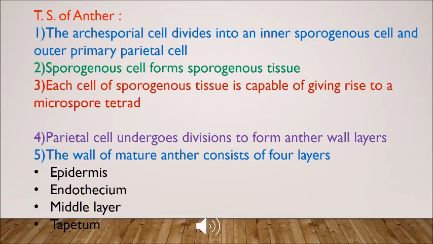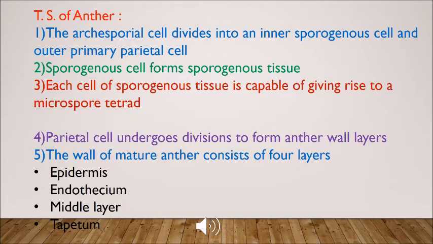Each cell of sporogenous tissue is capable of giving rise to a microspore tetrad. Parietal cells undergo division to form anther wall layers. So here the sporogenous cell is forming the microspore. The sporogenous cell divides inside and forms sporogenous tissue, and finally forms the microspore tetrad.